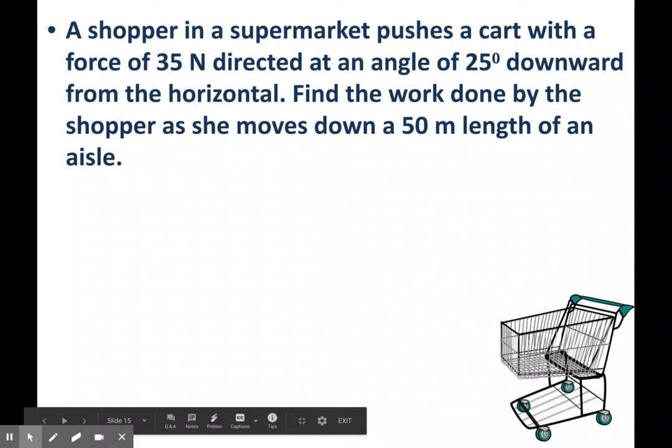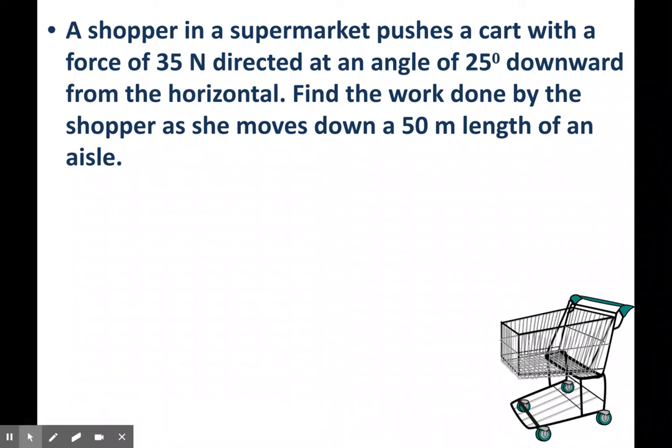Here we have a shopping cart. So the shopping cart is being pushed with a force of 35 directed at an angle of 25 degrees downward from the horizontal. So we're pushing it like this. So our angle would be here at 25.